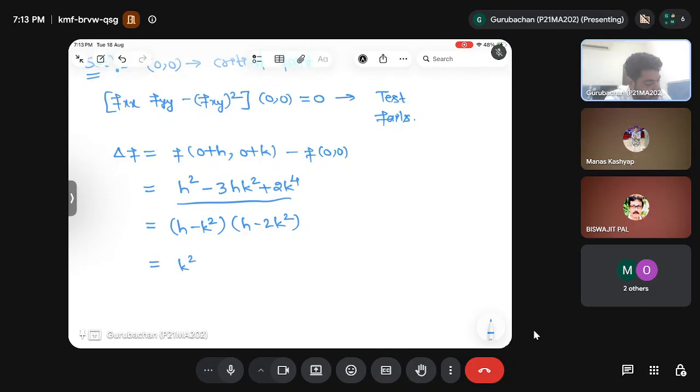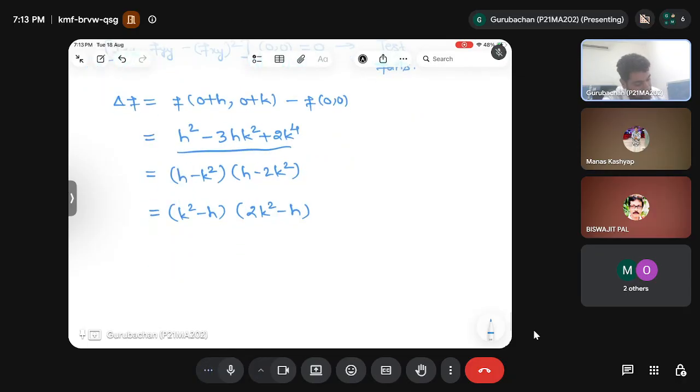So we may rewrite it like this, 2k squared minus h. There is a reason why I did that. Suppose when h is negative, then what will happen?